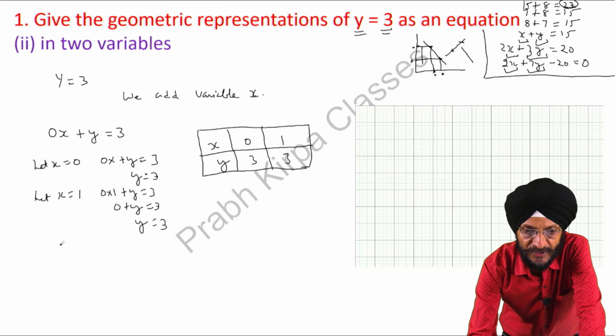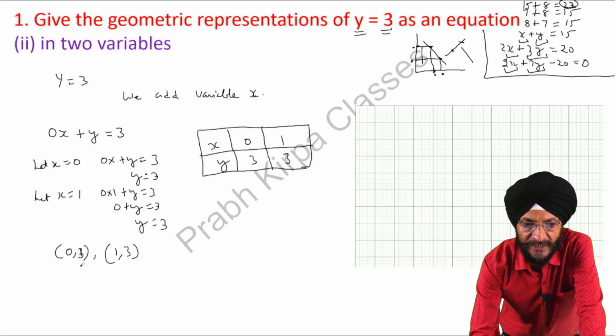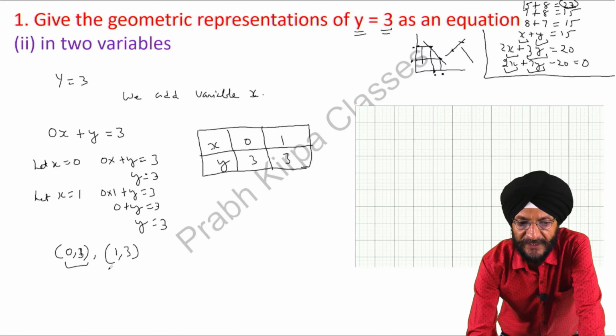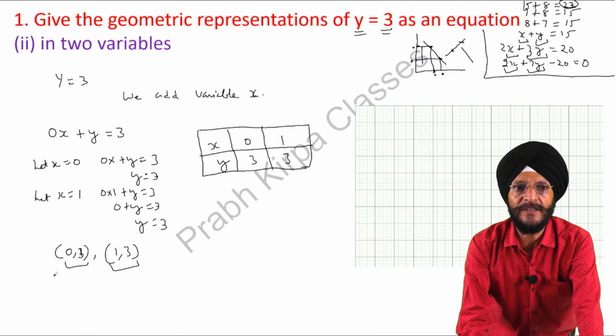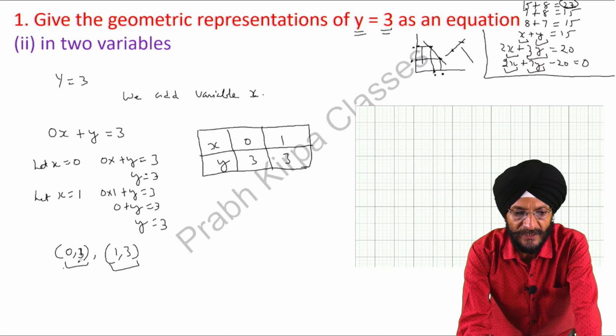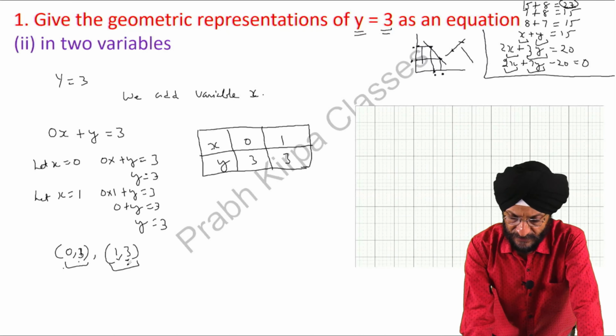The solutions we have obtained are 0, 3, the first solution, and 1, 3, the second solution. While writing the solution, please note that the value of x is written first, and the value of y is written after that.